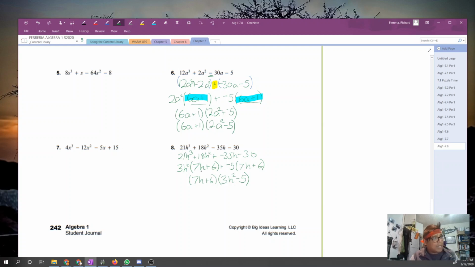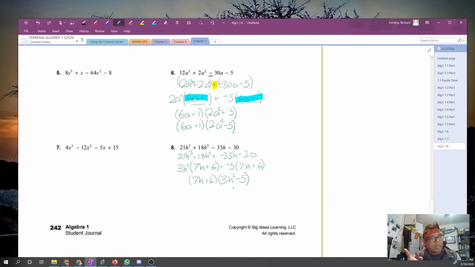Factor that out, you got a 7h plus 6 plus negative 35, negative 30. I know that a negative 5 goes into both of them, so negative 5, 7h plus 6. Go ahead and factor out the 7h plus 6, and you get 3h squared minus 5.